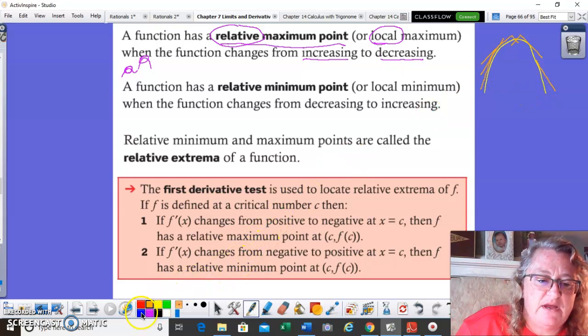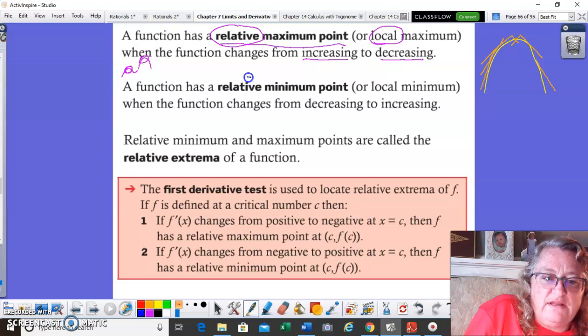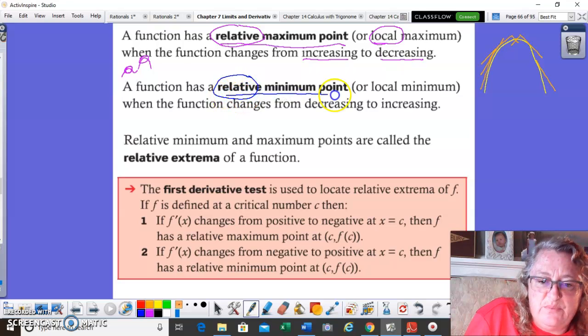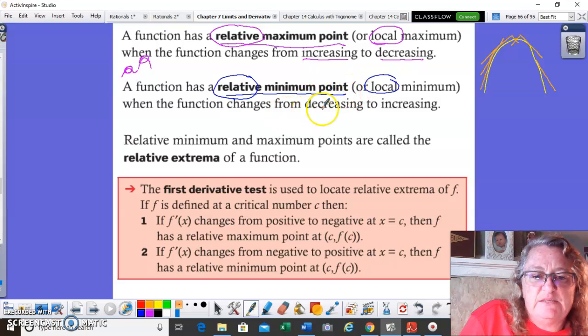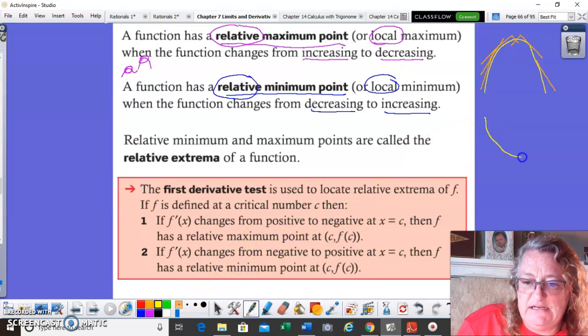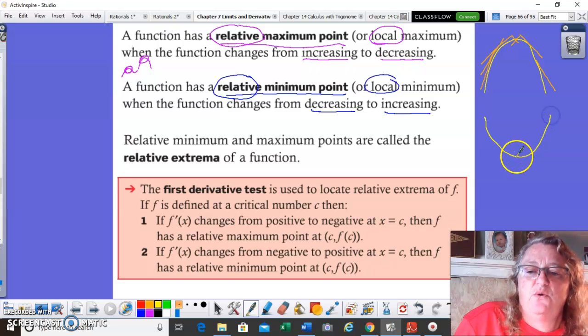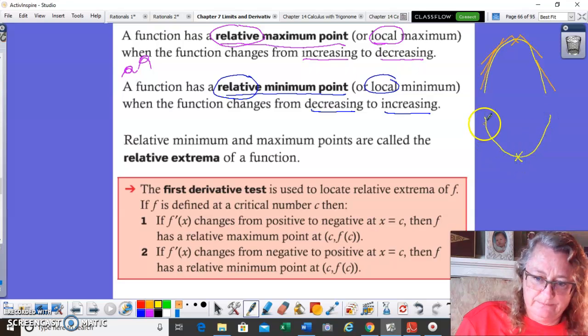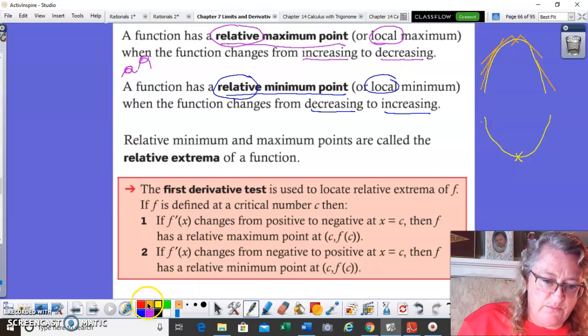Okay, keeping that in mind, when we have a relative minimum point or a local minimum, they mean the same thing. It's because we went from decreasing to increasing. So just like that last one, we went from decreasing to increasing, which caused a minimum point. So I'll show that again with the slopes.